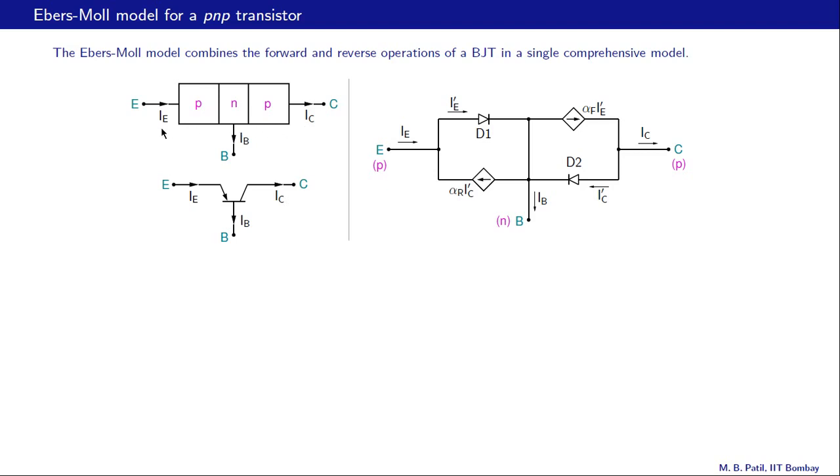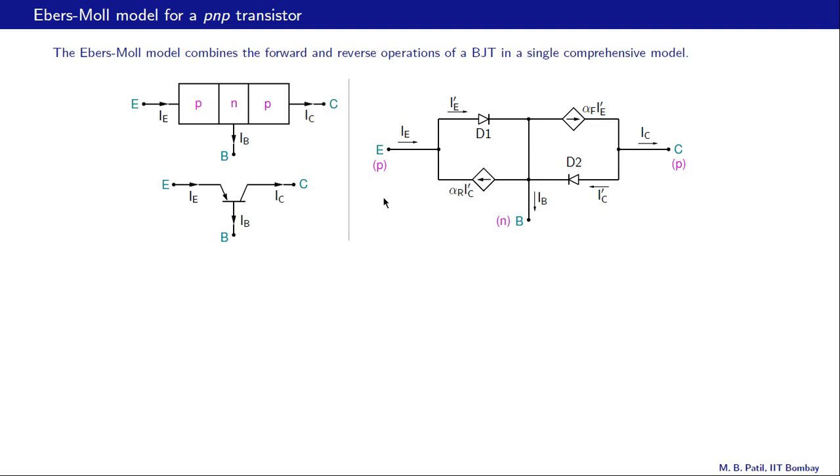Therefore, IE minus IC is a positive current, and that essentially comes out as the base current. So these currents here, IE, IB and IC, are reproduced in this figure in the same direction as in the first figure.